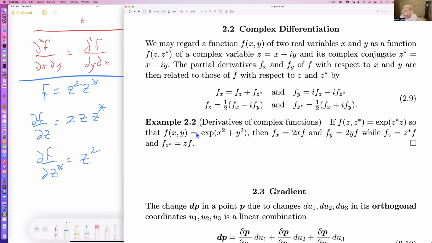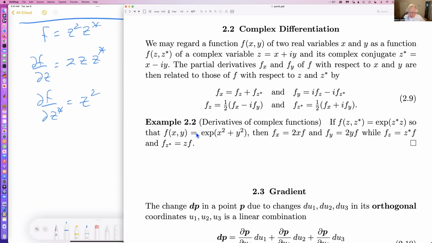And then the reason why partial F partial X, which I've written here as F sub X, what would that be?